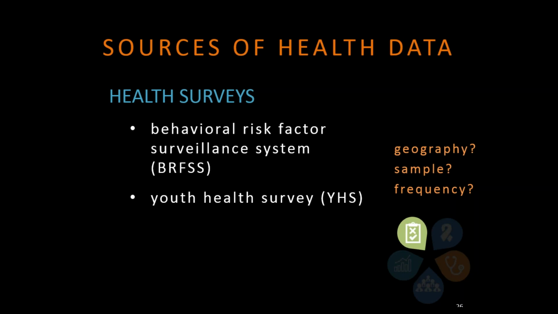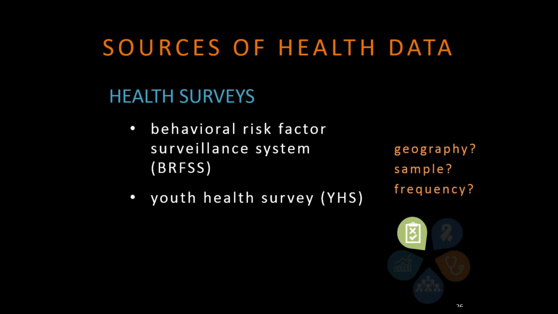Each state can include some special state-specific questions, but there's a set of questions that are consistent across the whole country, which allows you to compare how Massachusetts is doing to folks in other states. Other comparable surveys include the Youth Health Survey, the Youth Behavioral Risk Survey, or the American Community Survey.